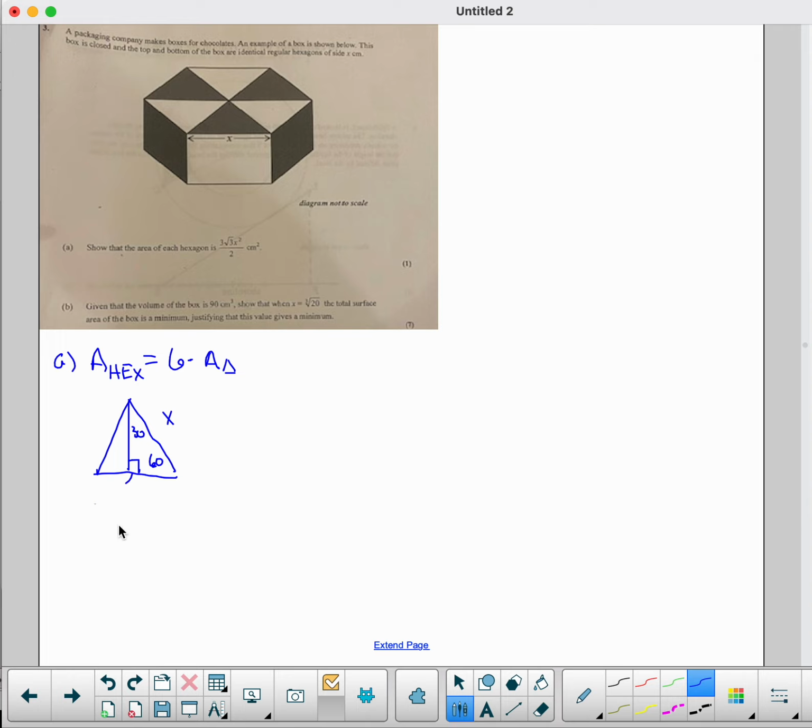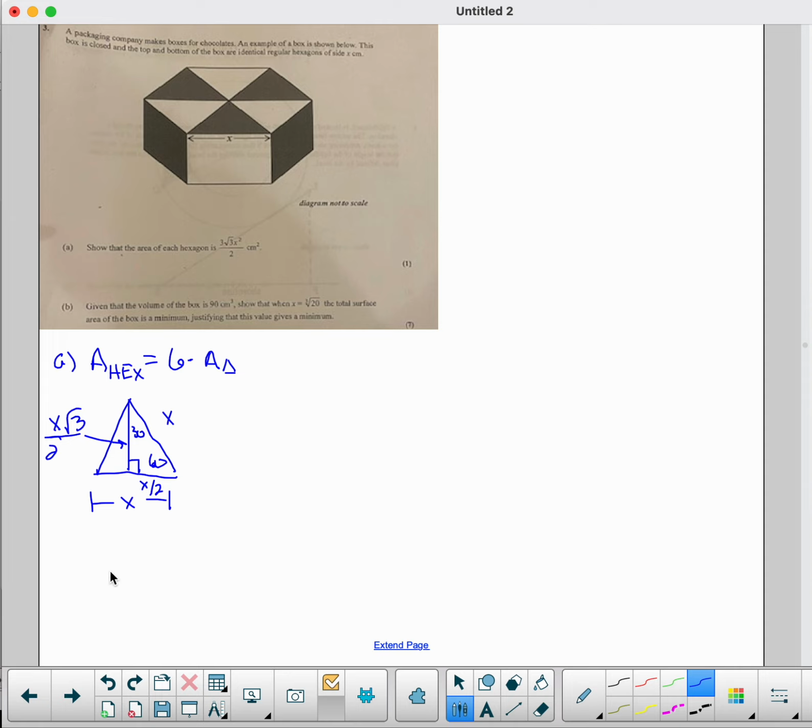This entire length here is x, which means this bottom piece is x over 2. And because we have a 30, 60, 90 triangle, we know the longer leg is equal to the shorter leg multiplied by root 3. So x over 2 times root 3, or root 3 x over 2.